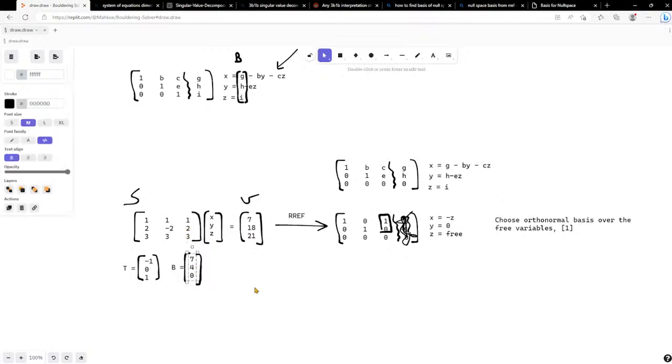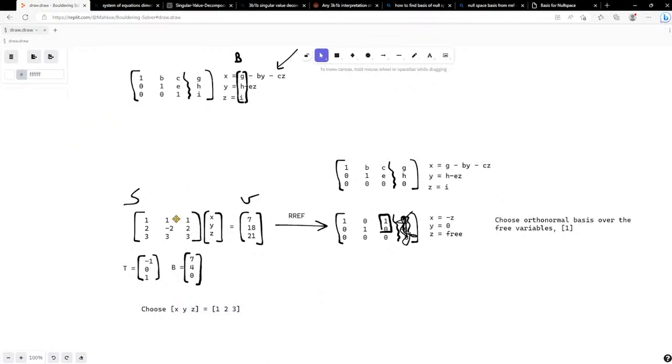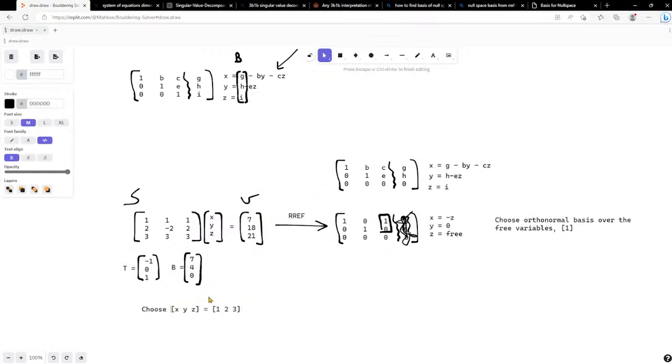Okay, now this B vector, where did I get that again? If I choose x, y, z equals 1, 2, 3, for example, is it the case that t times x, y, z plus b times s equals v?